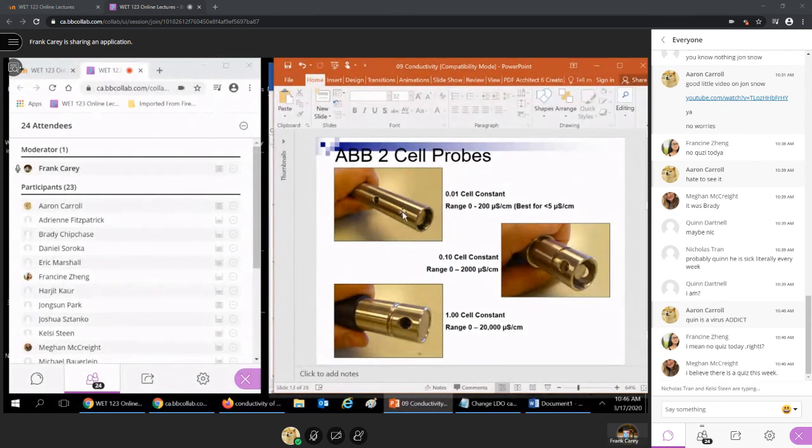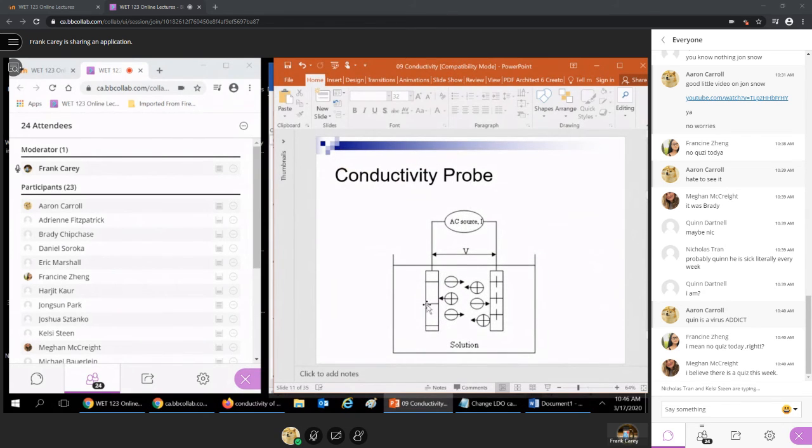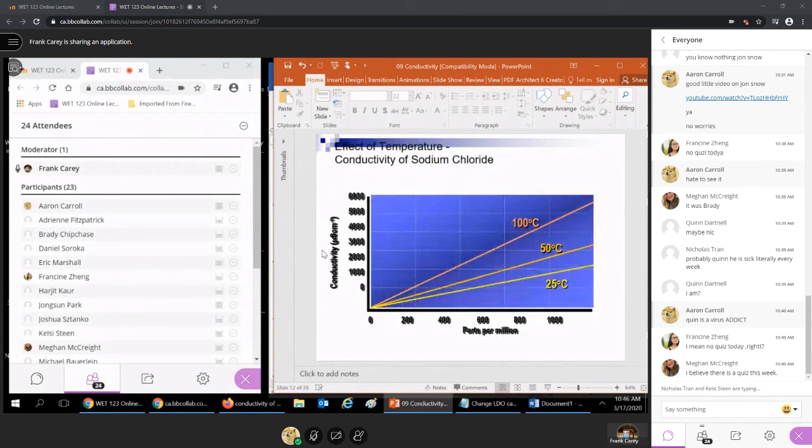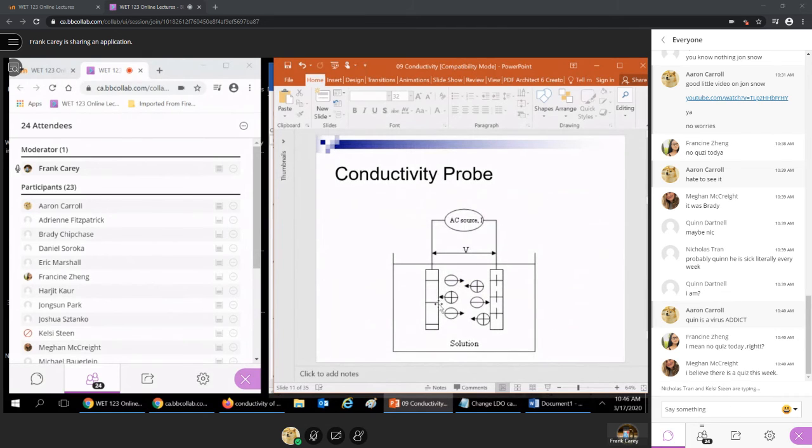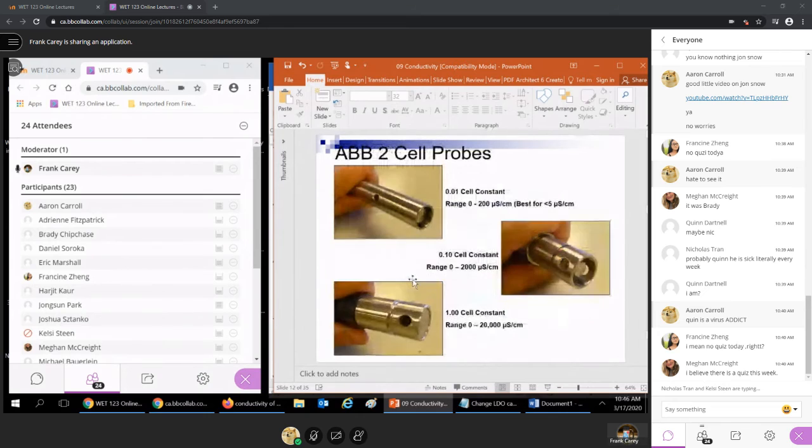You can see that it comes in numerous flavors. Quite often in the water industry, you will just see something like this rather than individual probes inside the water. So this happens to be a 2-cell probe. 2-cell probes just have 1, 2 probes inside there.